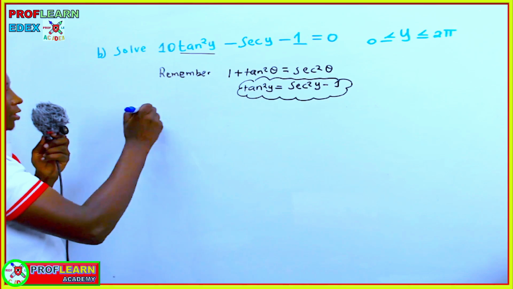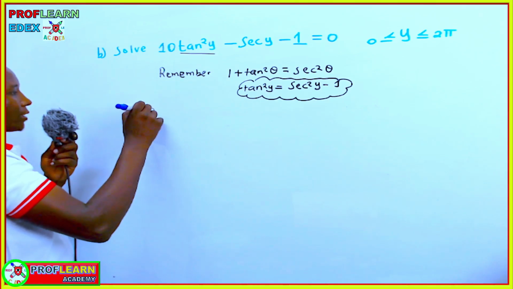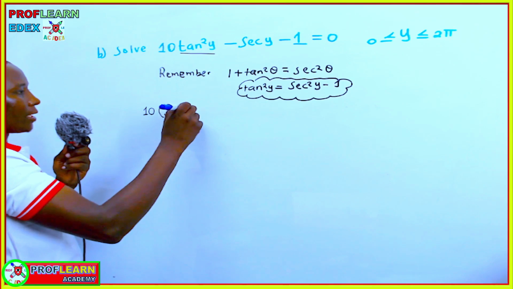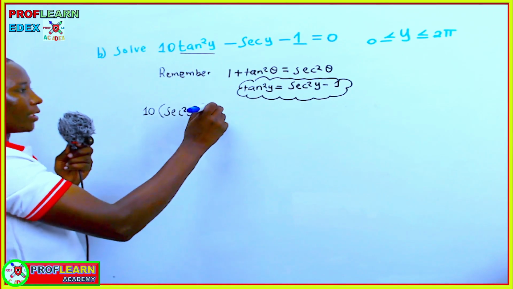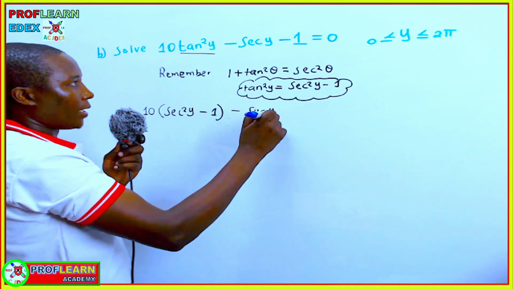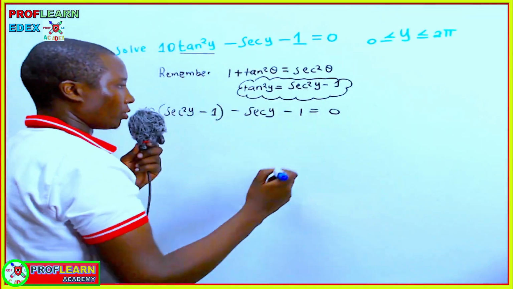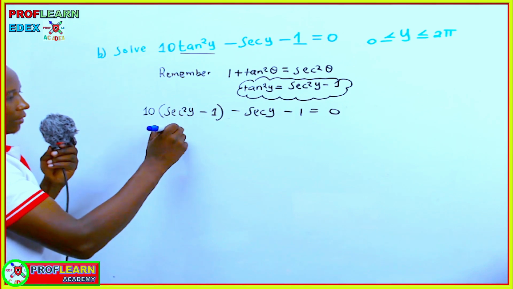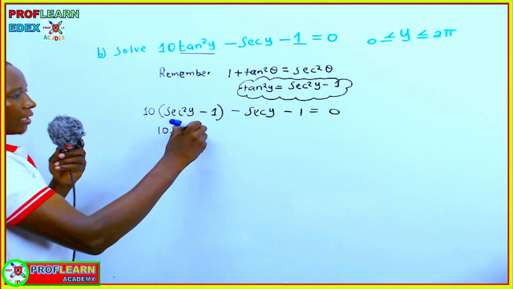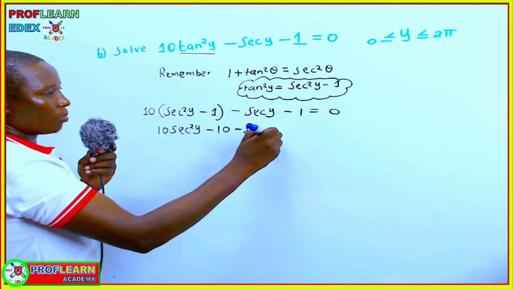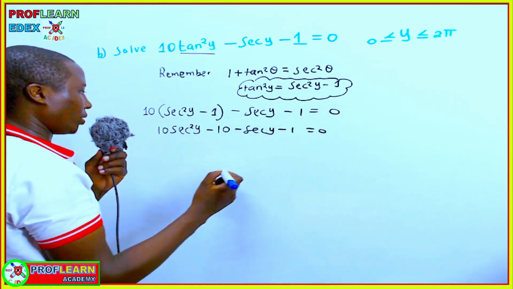So this is going to be 10 into bracket sec squared y minus 1, and then minus sec y minus 1 equals 0. That means we are going to remain with 10 sec squared y minus 10 minus sec y minus 1 equals 0.